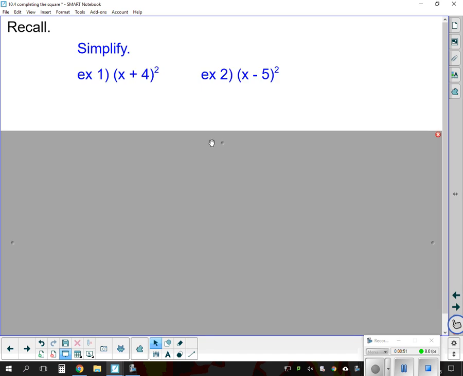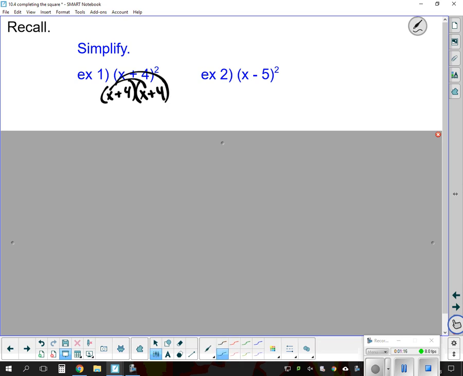First of all, let's work on simplifying. Remember, when we have a quantity squared, you can't just distribute the square. What do you have to do? Well, what does it mean if something's squared? It means you are multiplying it by itself two times, right? So that means we have (x + 4) times (x + 4).